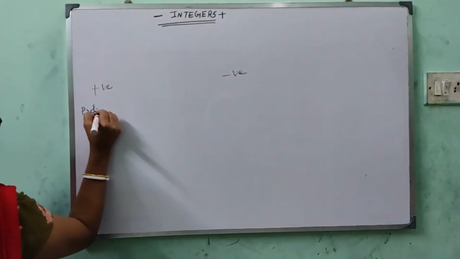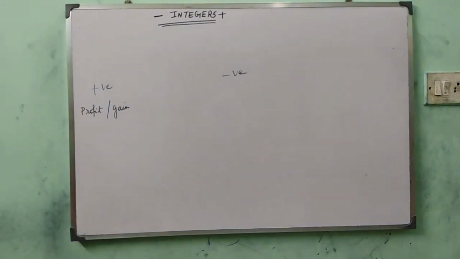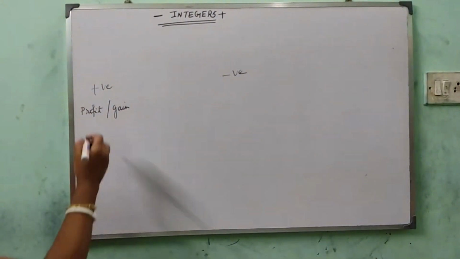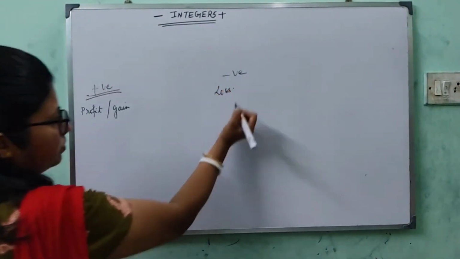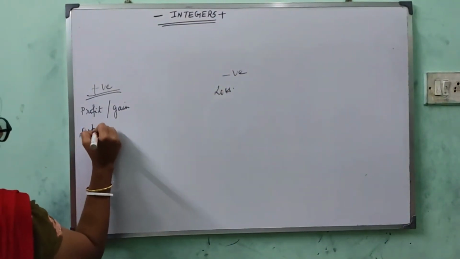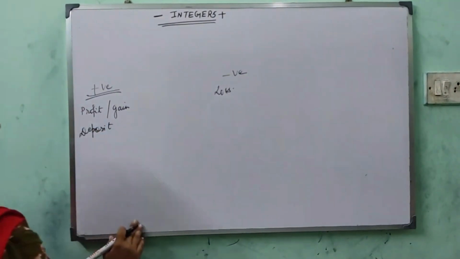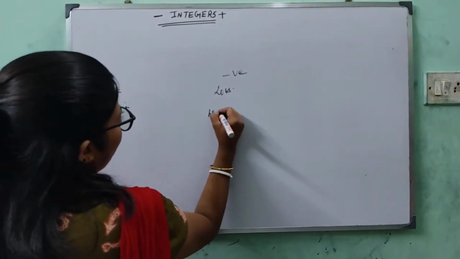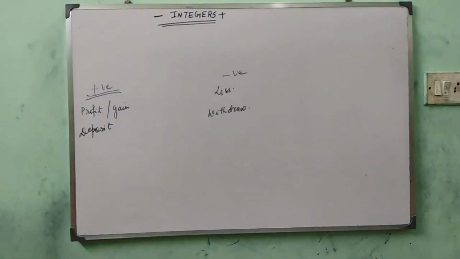We know profit or gain will add on something, so this will be representing the positive integers. The opposite will be loss. Next comes deposits. When we deposit some amount in the bank, that will be positive, and if we withdraw, that becomes negative. So deposit represents positive and withdrawal represents negative.